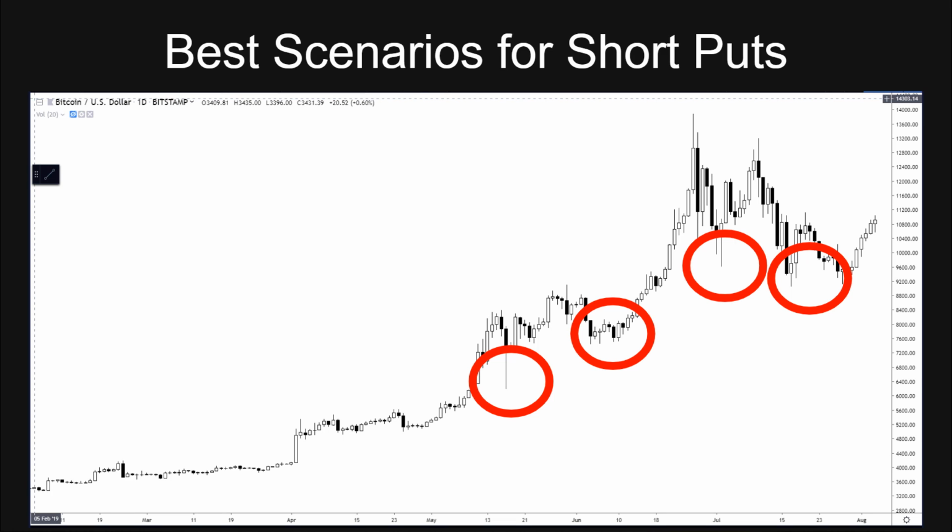So think about this. We're looking for a spike in implied volatility, which we're going to get. As the price pulls down, we're going to spike implied volatility. So let's call that first, we have IV spiking, and that's good.